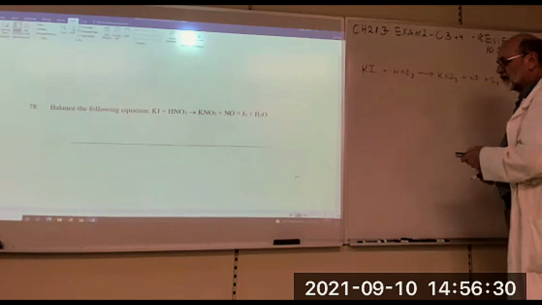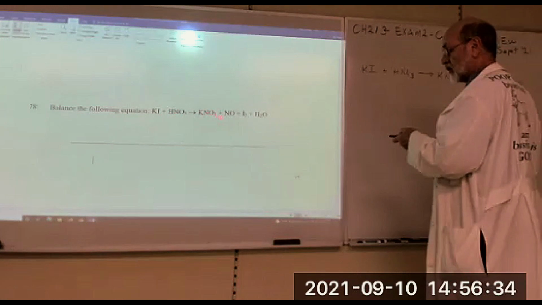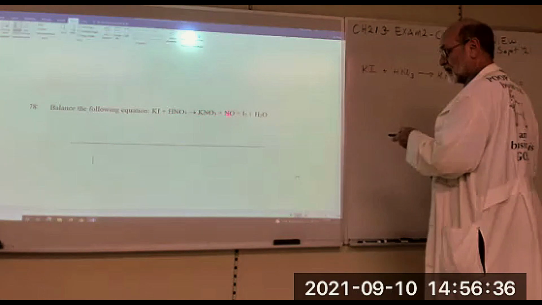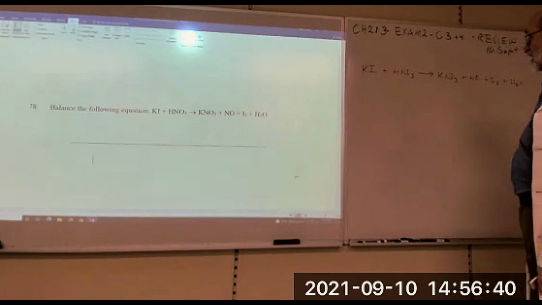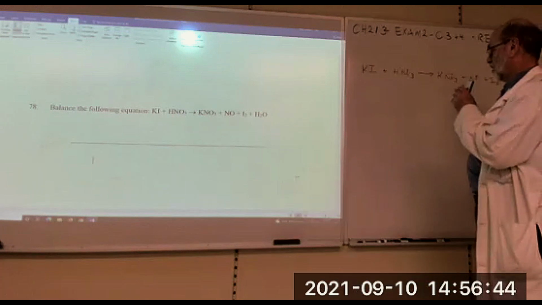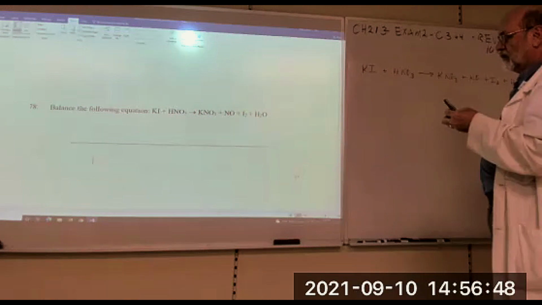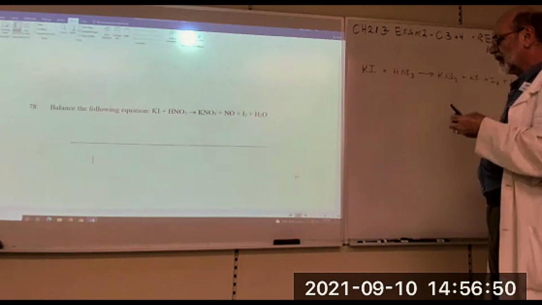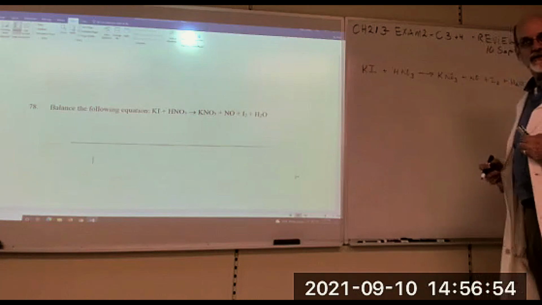The reason I say that is we got nitrate on this side, we got nitrate here, but we also split out some nitrogen there in another molecule. So that complicates things, which means we probably need to do the redox, balance the electrons first, and then go after the atom balance.